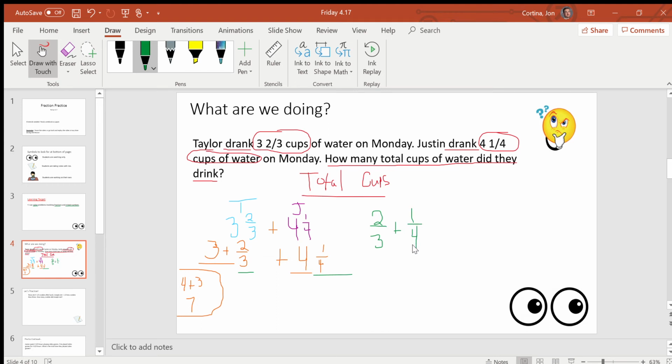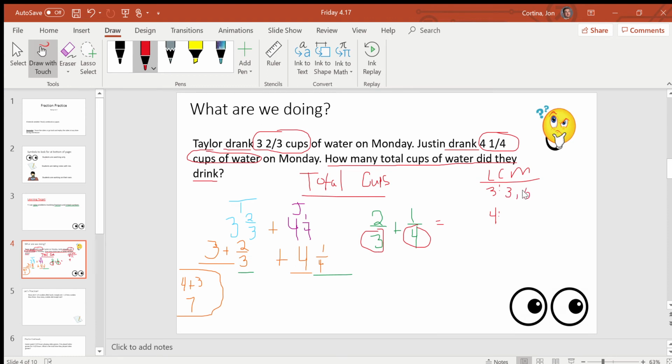You should notice that we cannot add these right away because, that's right, we have different denominators. We need to make these denominators the same before we can add them. So we need to find the least common multiple of 3 and 4.